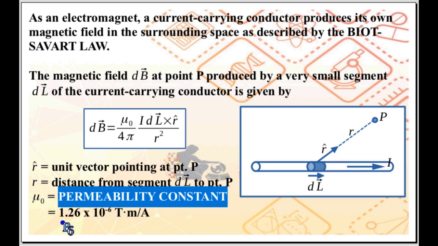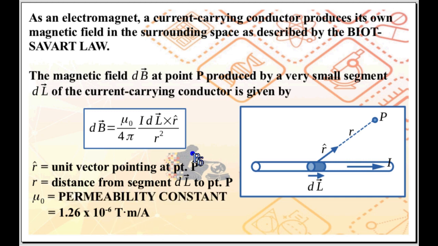Mu naught is equal to 1.26 times 10 to the negative 6 Tesla meter per ampere. The Biot-Savart law: dB is equal to mu naught over 4 pi I dl cross r hat divided by r squared.